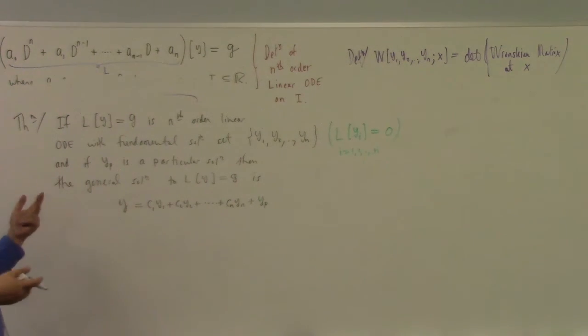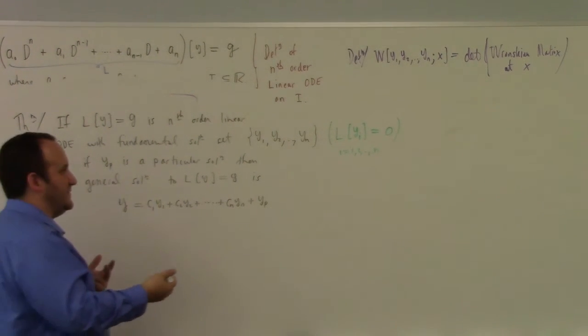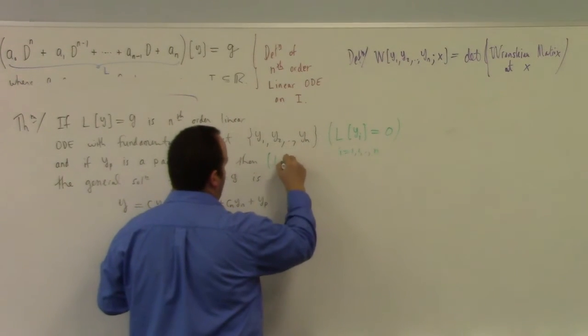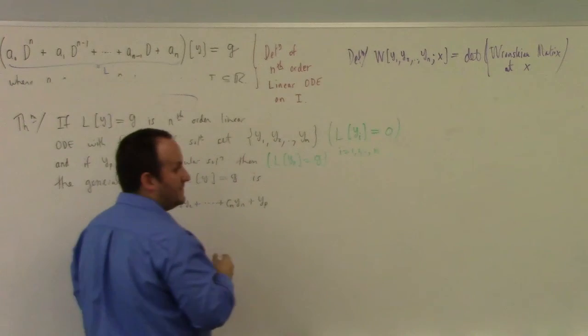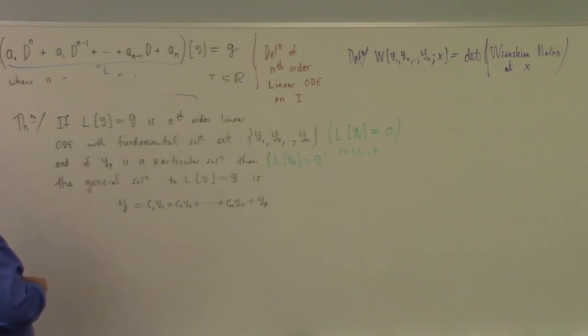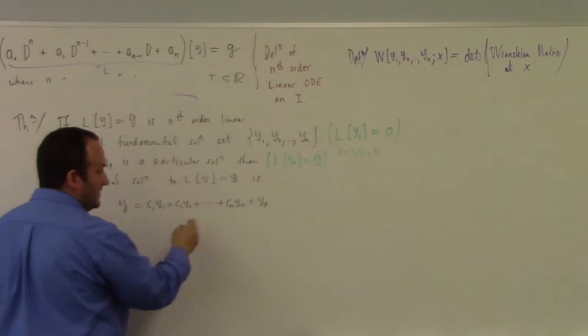But they're also linearly independent solutions to the corresponding homogeneous problem. The particular solution is what it sounds like. I was using that terminology a little bit earlier today. This one actually returns g, right? So the theorem is that the general solution can always be written like this.